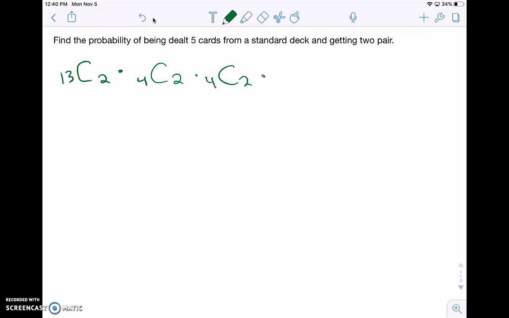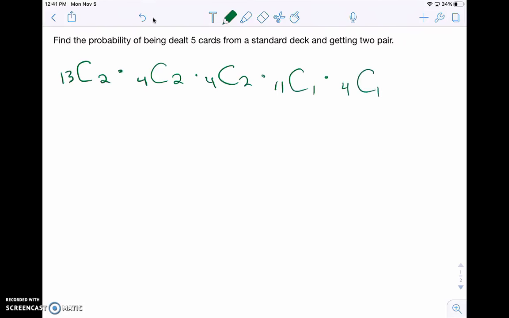Then for the last card, we don't want an overlap. Say we went in with 2s and 10s as an example. We don't want another 2 and we don't want another 10, so that takes us down to 11 values of cards left, so we need 11 choose 1 card, and then we multiply that by 4 choose 1.